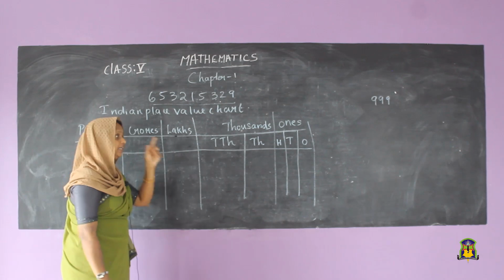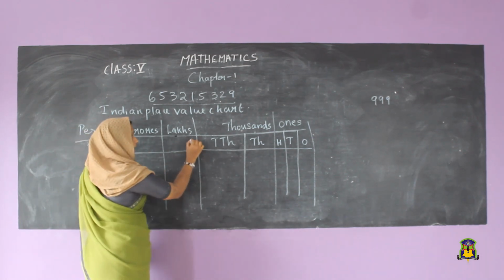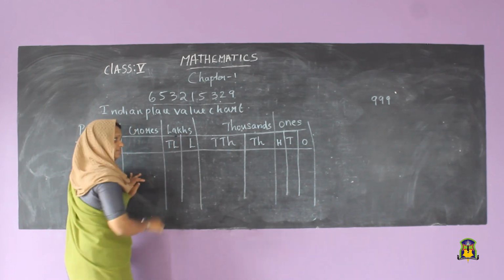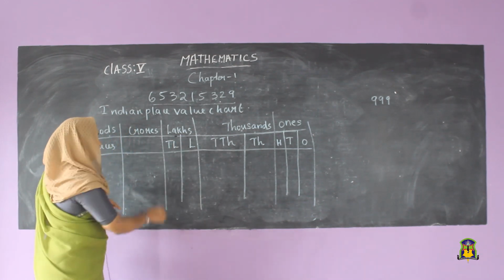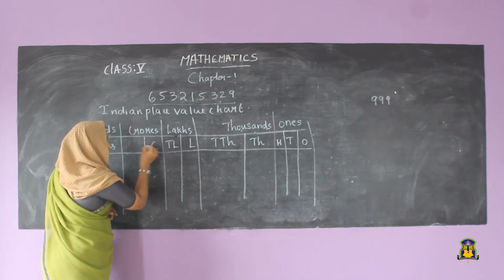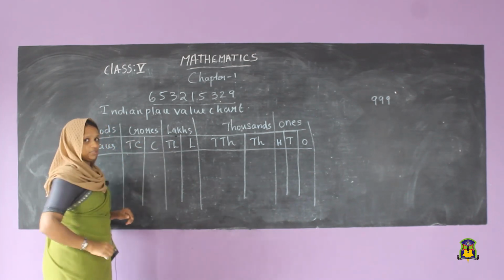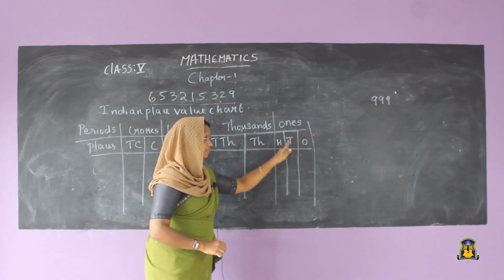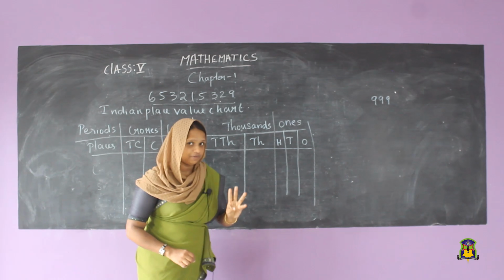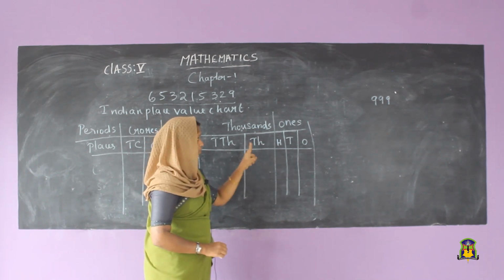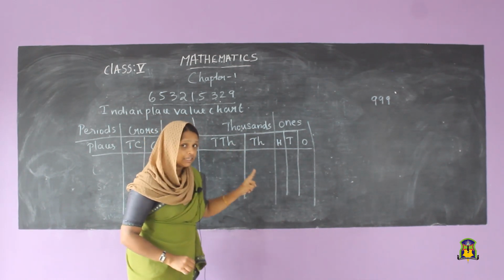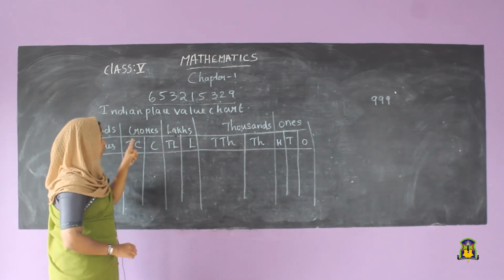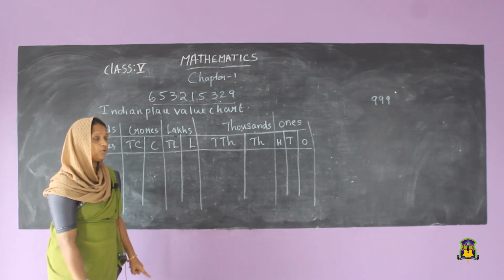For lakhs: lakhs and 10 lakhs. And for crores: crores and 10 crores. So in the ones period, ones, tens and hundreds, 3 places are there. For thousands, 1,000s and 10,000s. Next, lakhs and 10 lakhs. And for crores, crores and 10 crores.